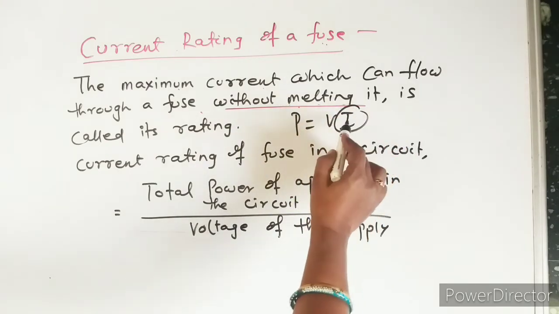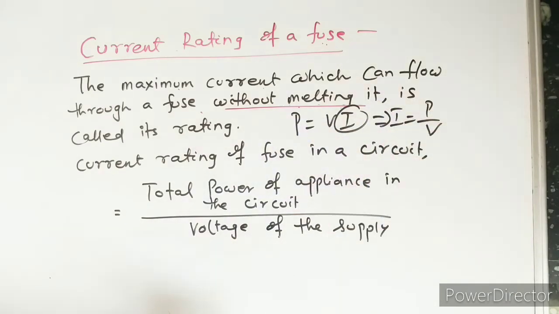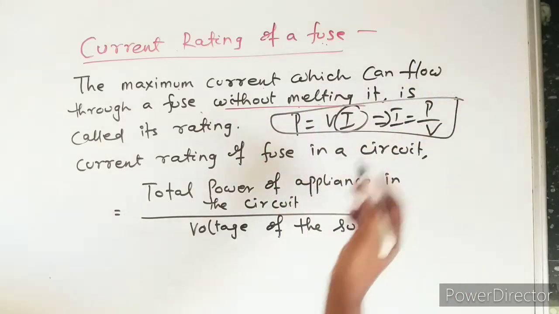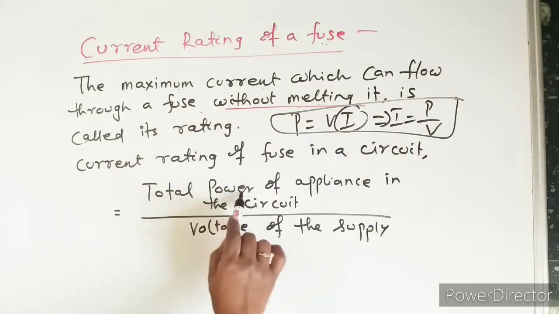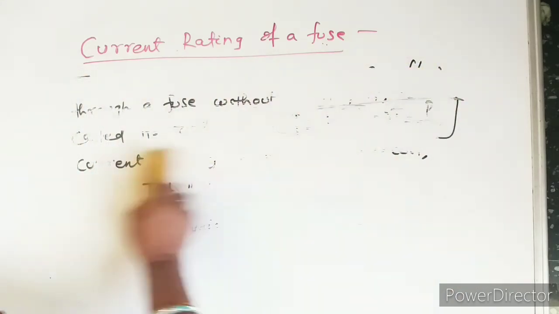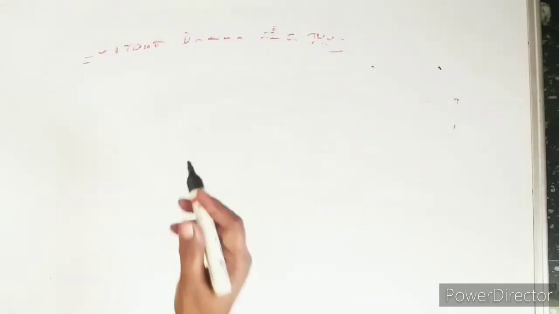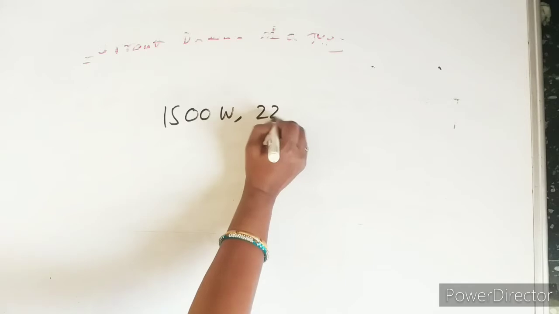So we have to find the current: I = P/V, yes or no? This is the formula we will use. Current rating I equals the total power of these appliances divided by the voltage of the supply. Whenever we purchase any electrical appliance, the power and the voltage must be written on the back. Let us take something which is 1500 watt and 220 volt.